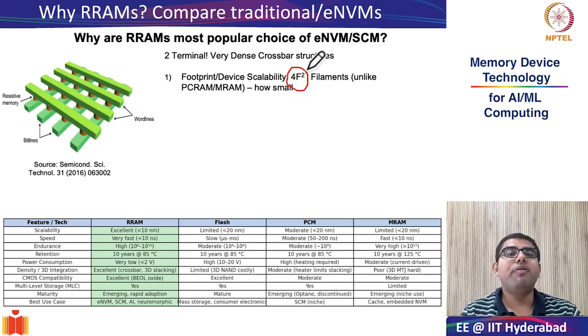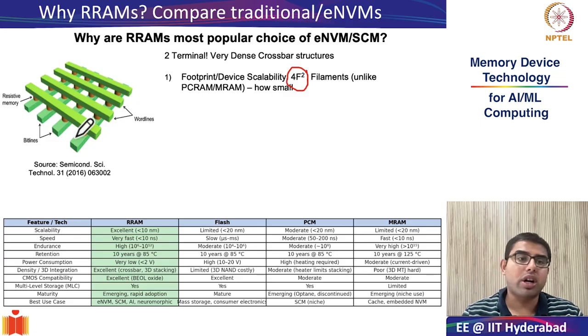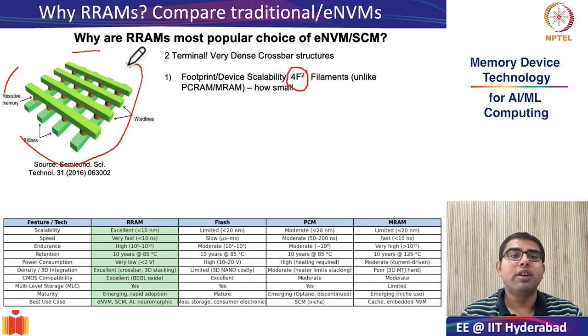This is very much possible in RRAMs because of the facile nature of the RRAM structure. If you can make something called crossbar arrays, and for the first time we are introducing crossbar arrays, what are crossbar arrays?